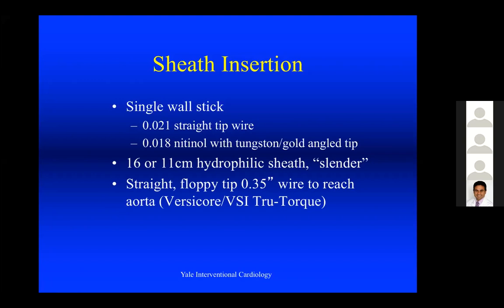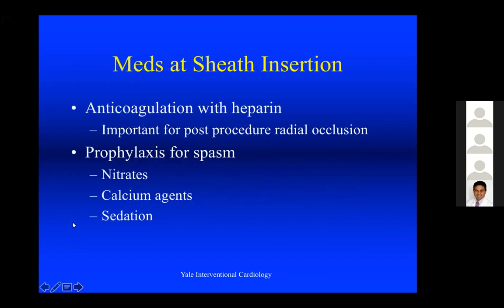So my bias is to use a straight floppy tip 035 wire, which will get through all the angles in the arm and get you to the innominate artery just fine. Versacor or the VSI are the two brand names that we use of this wire. It's just a straight tip, which is easier.